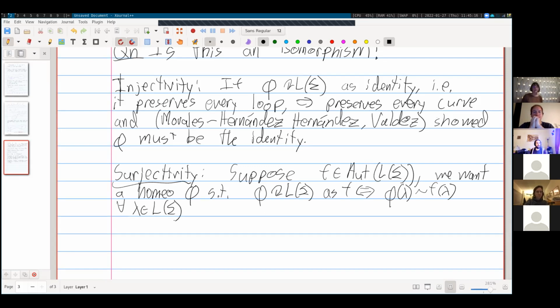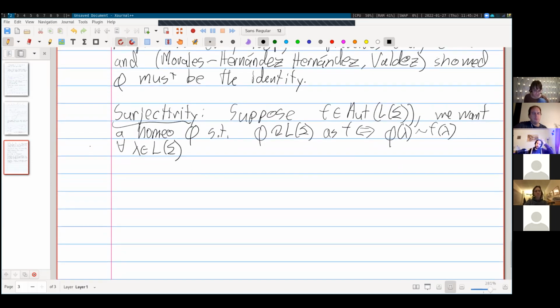If we can build such a homeomorphism, that shows surjectivity. That's going to be our goal for the remainder of this talk.